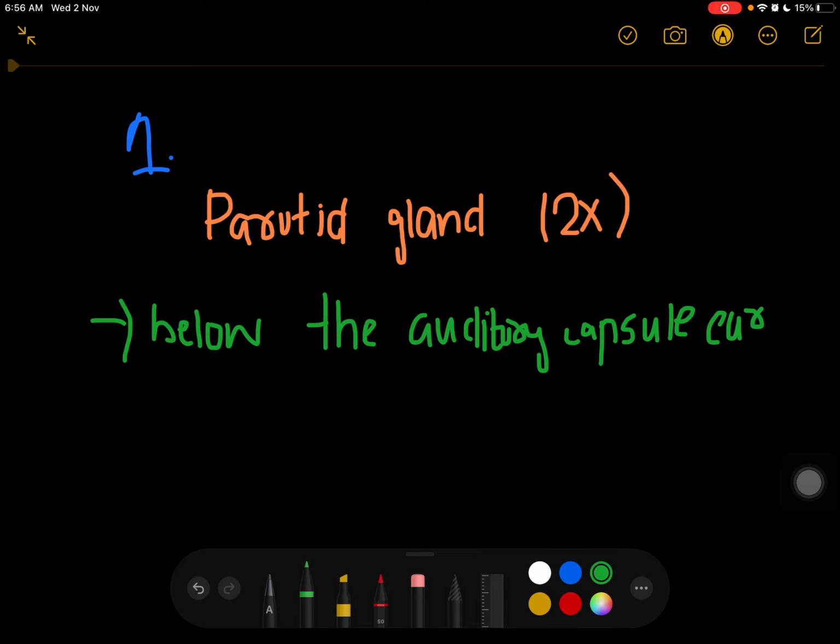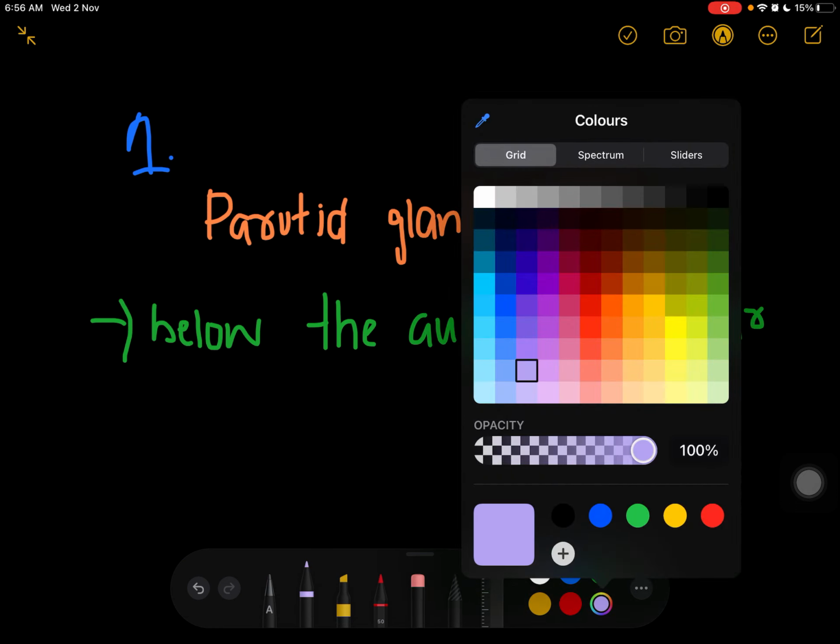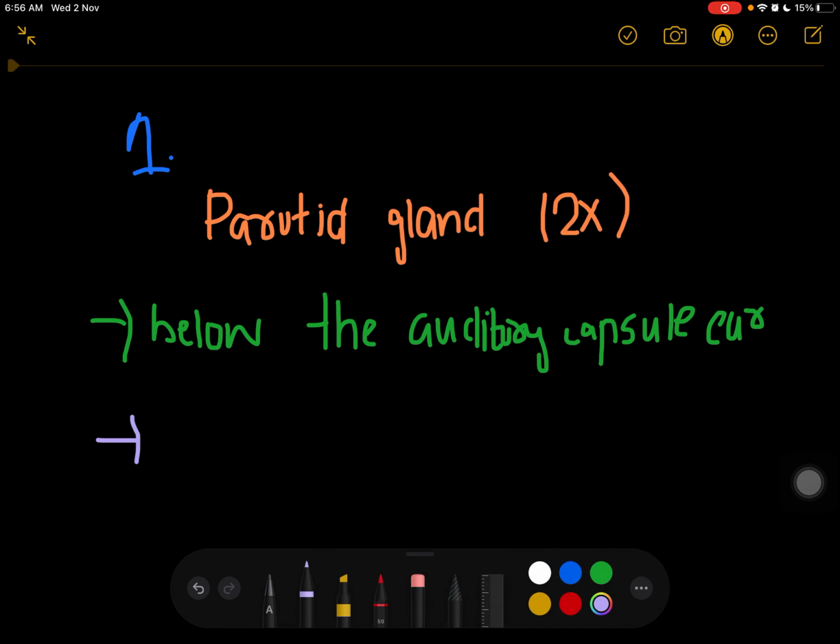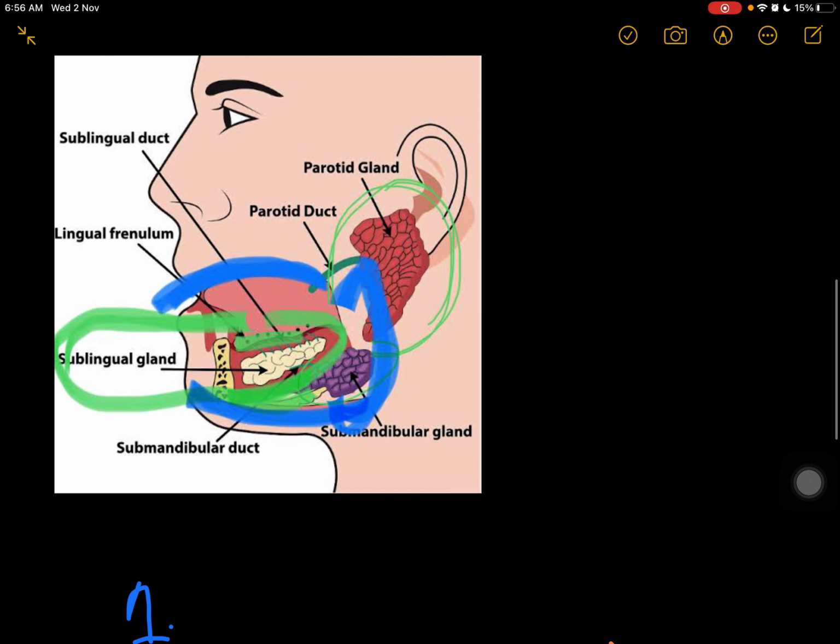Since it is an exocrine gland, there will be a duct related to this. The name of that duct is Stenson's duct. I can show you this.